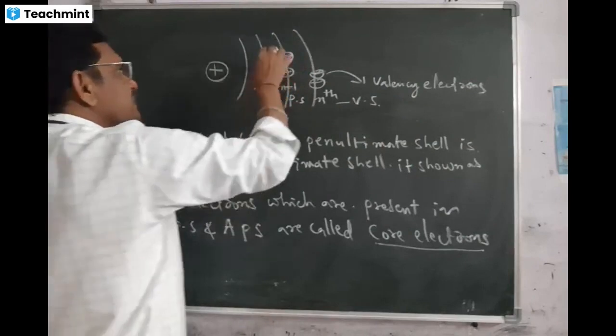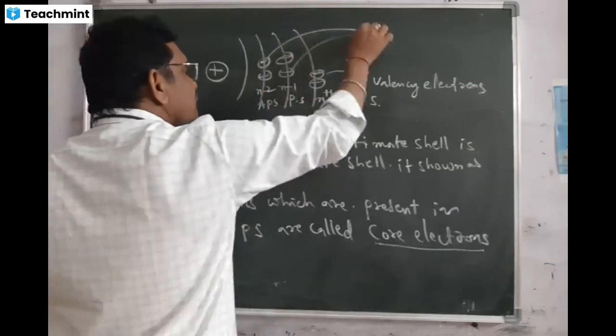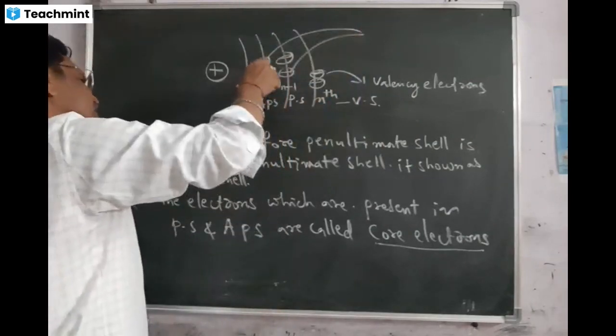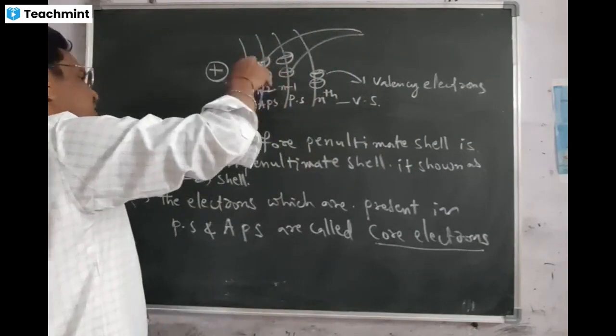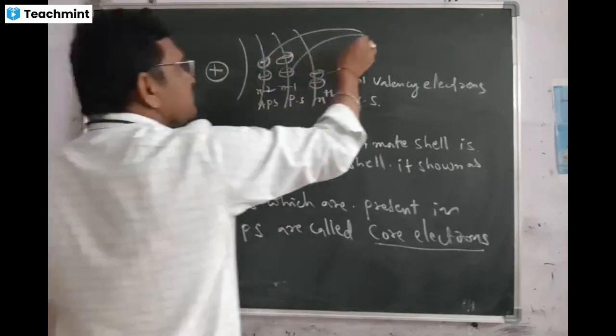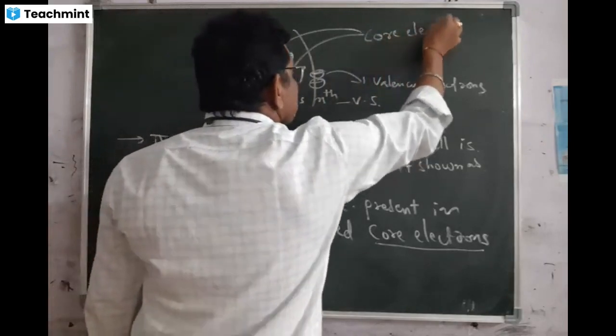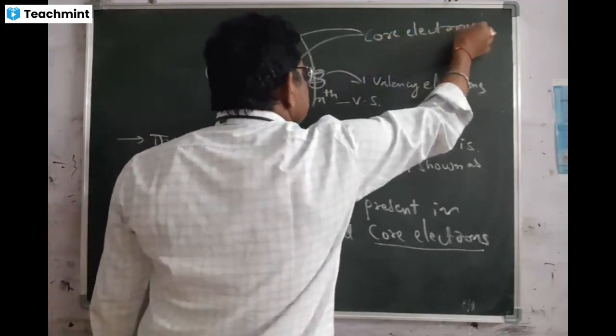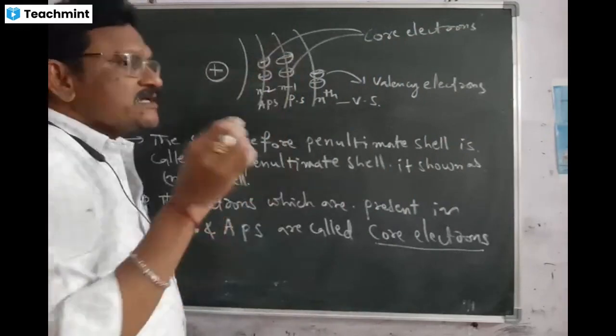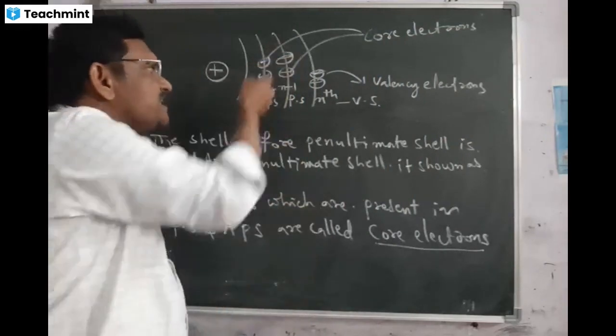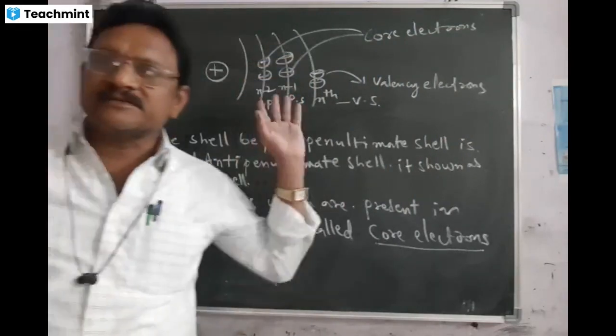Electrons collectively present in the penultimate cell and anti-penultimate cell are called core electrons. As you know already, electrons are negatively charged particles.